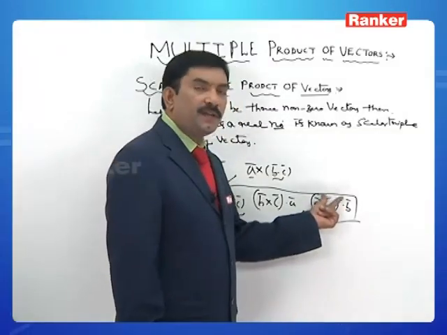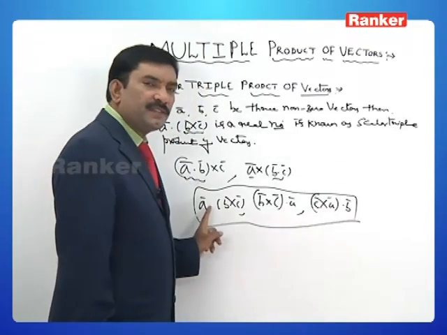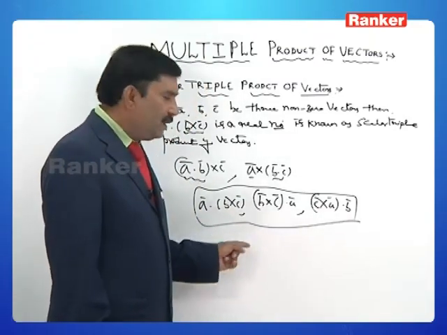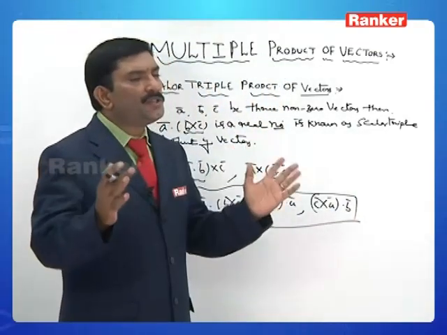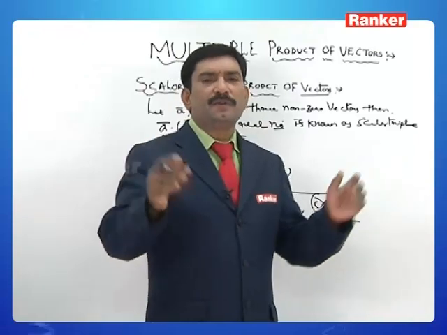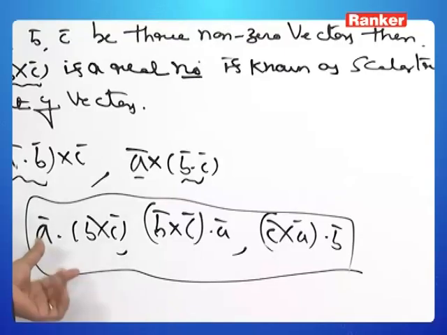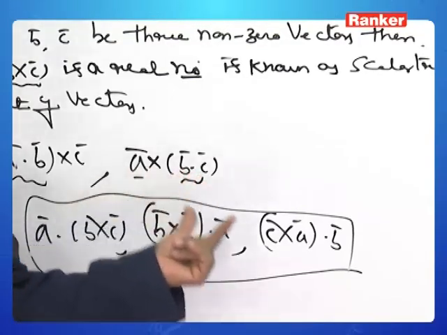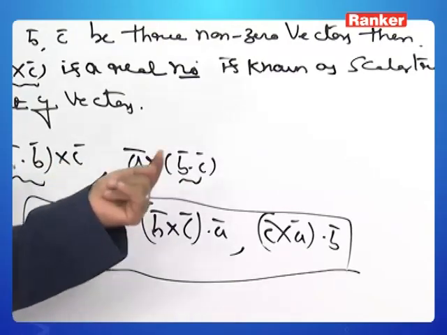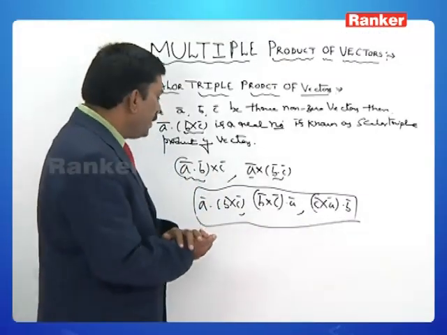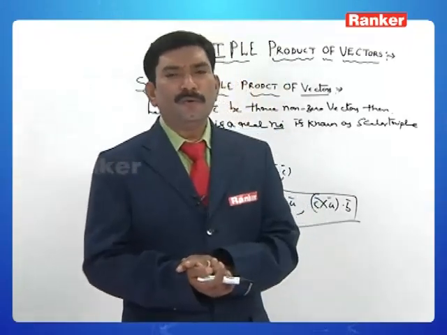So this defines the scalar triple product. Ultimately, the value will be a real number. It may be positive, negative, or zero also. This is the common scalar triple product, but the other one will not form a scalar triple product.